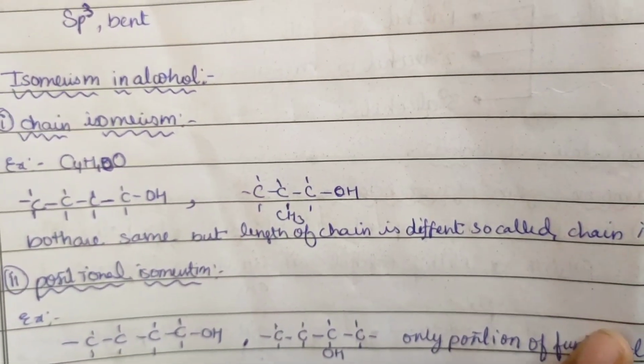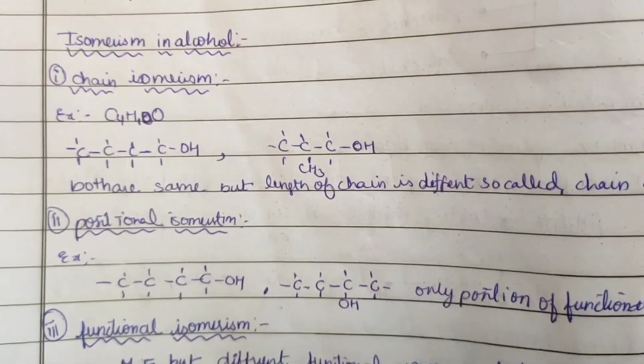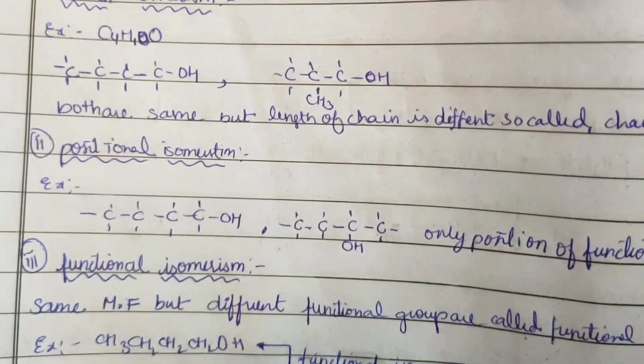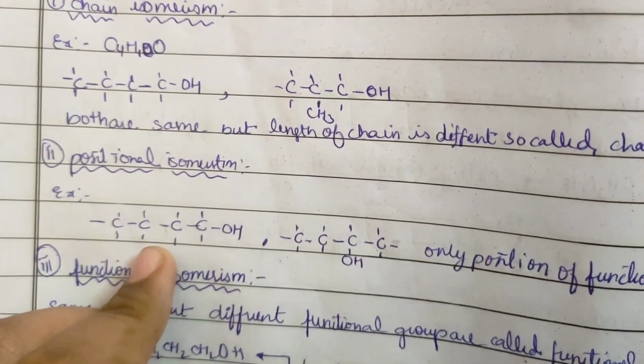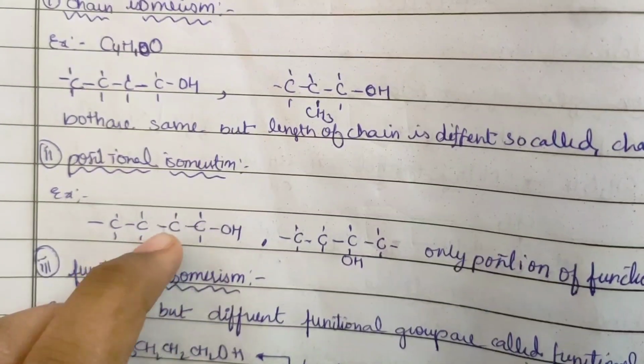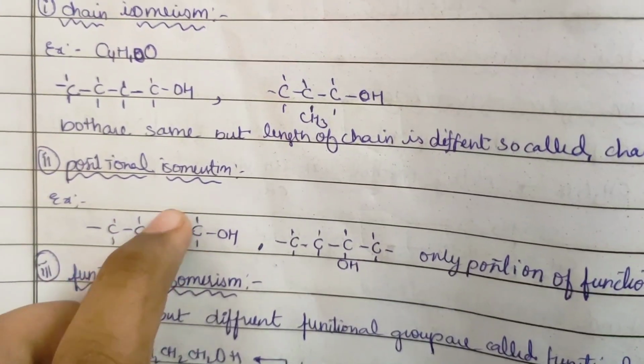Now the second type of isomer in alcohol is positional isomers. For example, here you can see 4 carbon atoms with 10 hydrogens.